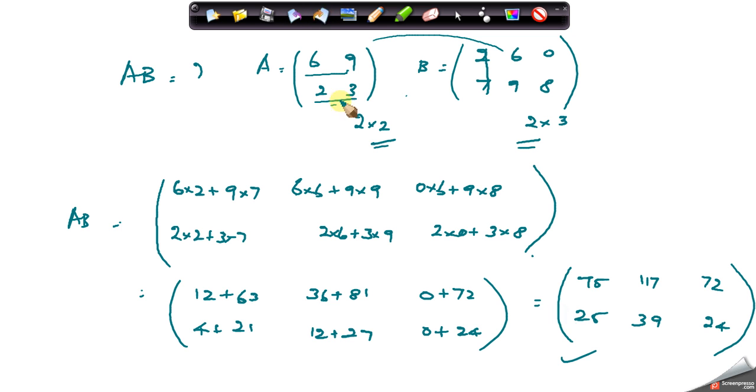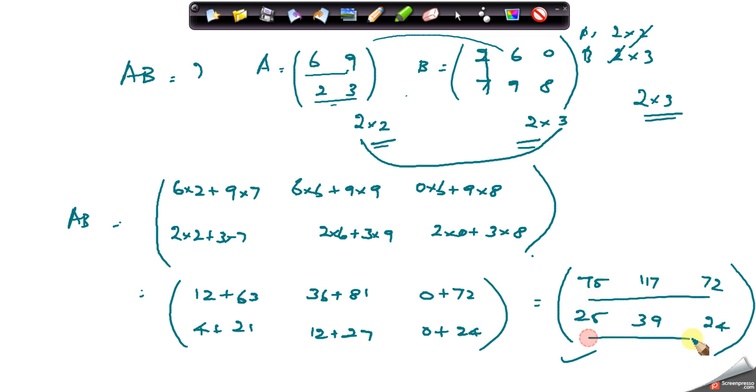The order of the product matrix is always given like this: it should be of the order 2 by 3. If 2 by 2 is matrix A and 2 by 3 is matrix B, the order should be 2 by 3 in this case. So we can get the product also with 2 rows and 3 columns. That's how we need to do that.